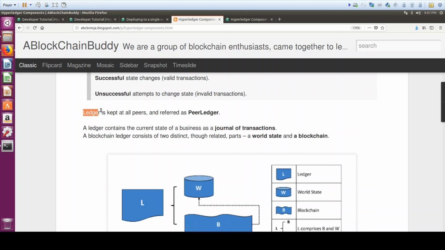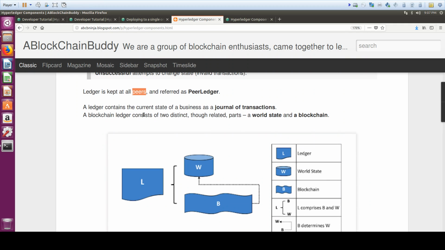The ledger is kept at all peers and is referred to as the peer ledger. We will see what this peer means. So ledgers are kept at peers. The ledger has two different parts: a part called world state and a part called blockchain.